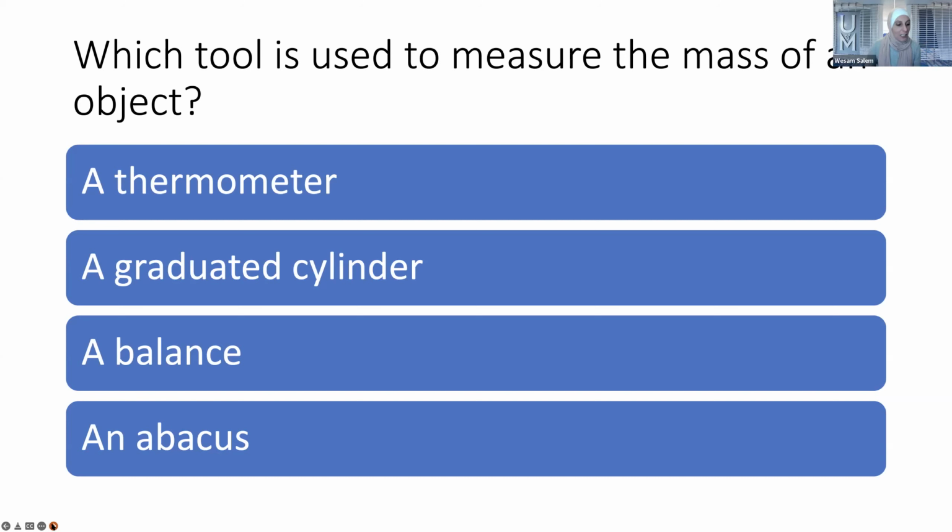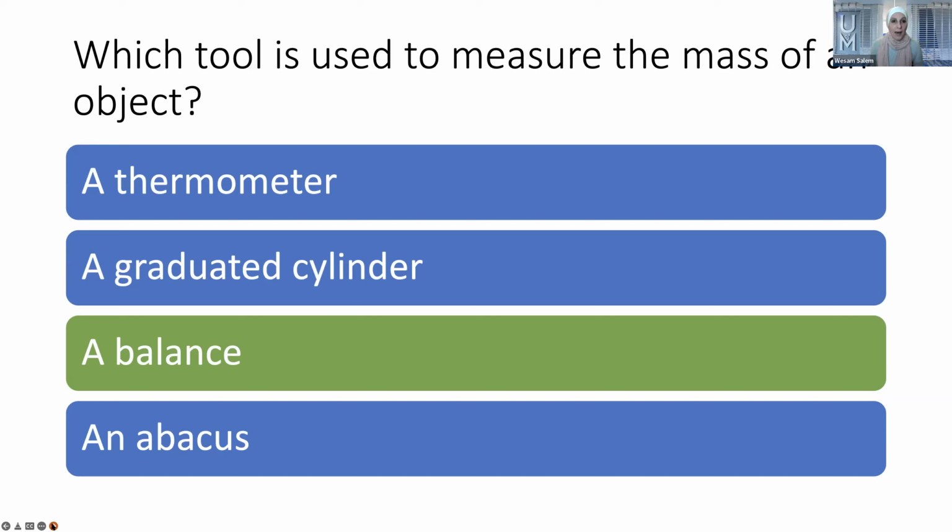The balance, very good. I want to point out something that is commonly confused: people confuse mass and weight. When you talk about a scale, in reality it measures the weight of an object, which is how much force gravity exerts on it.